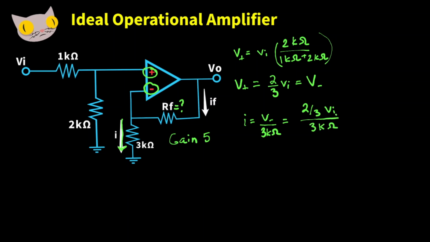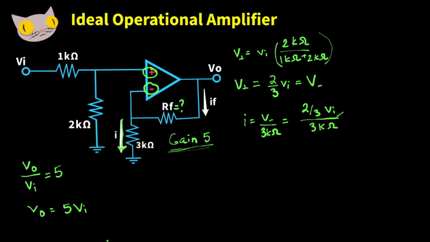Now, we don't know what VI is, but we do know that we're trying to achieve a gain of 5. That means our output voltage over our input voltage is going to be equal to 5. And we can rearrange this to be output voltage is equal to 5 times the input voltage.